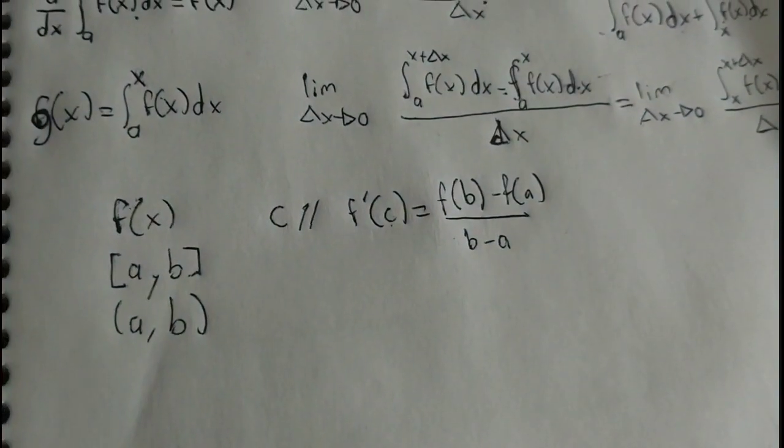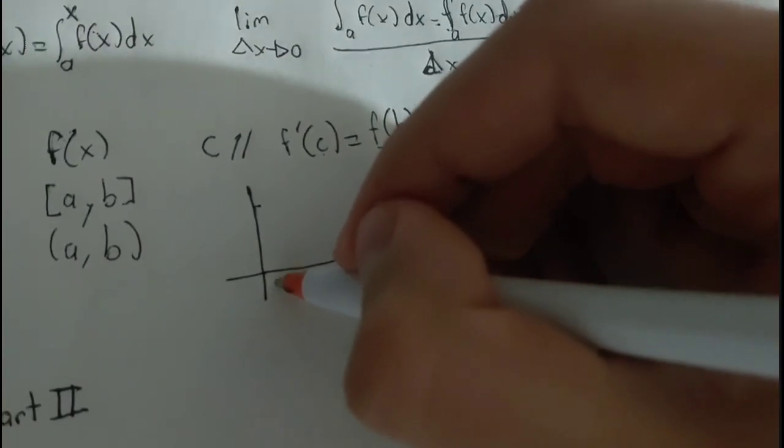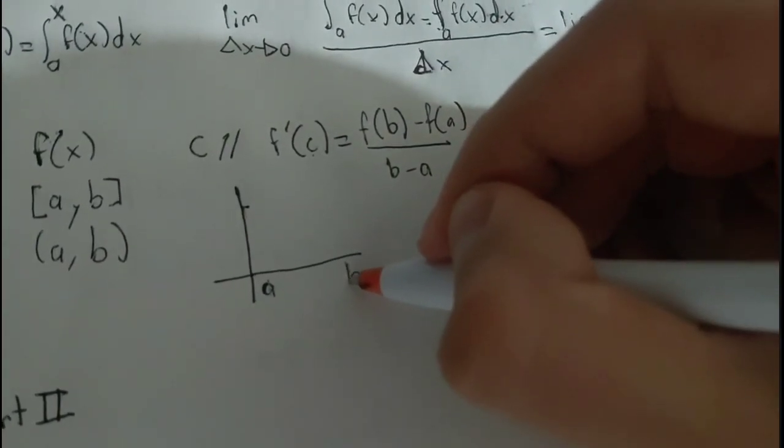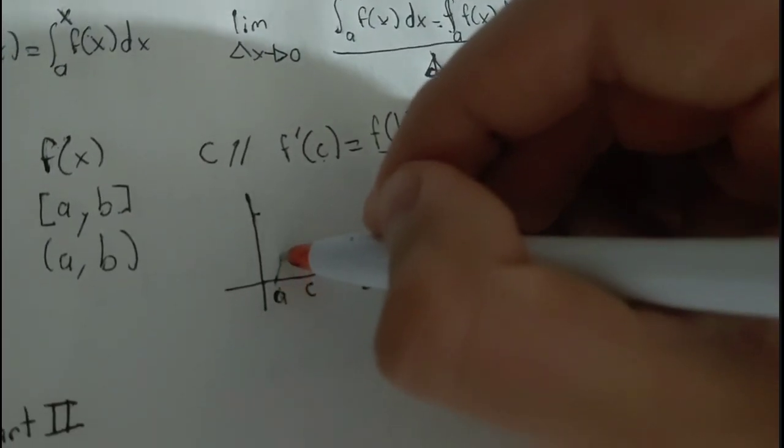So if you were to visualize it, it would look something like this. Say here you have a, here you have b, here you have c.